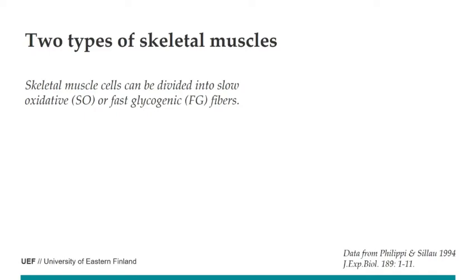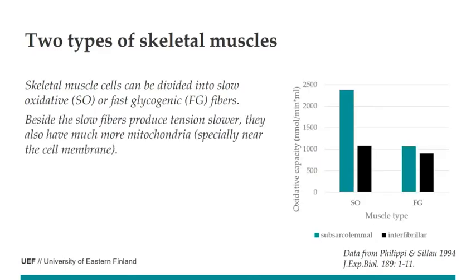Because one is slow and one is fast, they produce tension slower or faster. But there is also a different ability to use oxidative catabolism, and that's related to the fact that the slow oxidative fibers have more mitochondria.